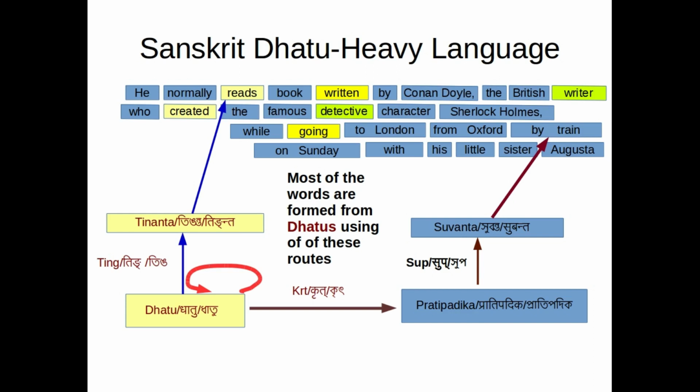Additionally, from a dhatu, we can create a new dhatu and go to either tinganta root or subanta root. Or we can go in a circular fashion. From a dhatu, we can use krit pratyaya to get a pratipadika, and from the pratipadika, we can get a new dhatu by applying nampada pratyaya and then go to any of these roots.